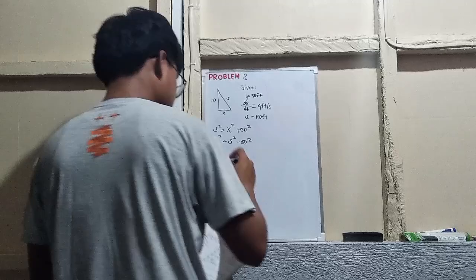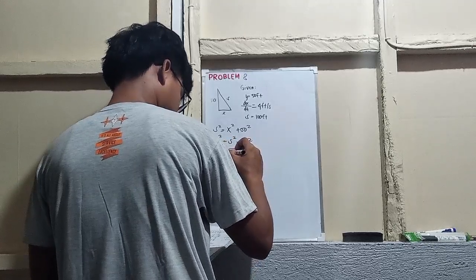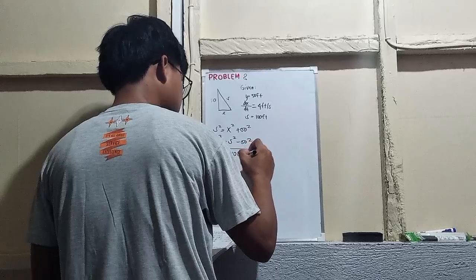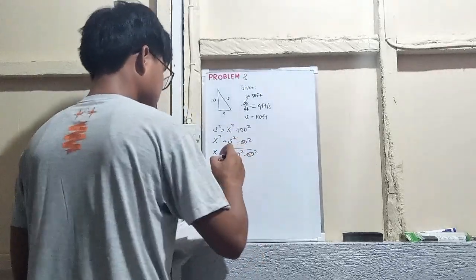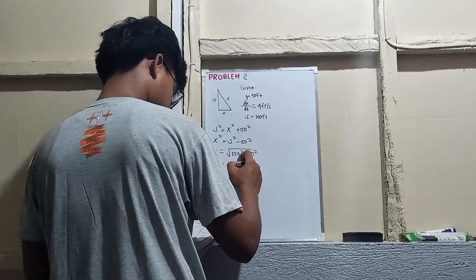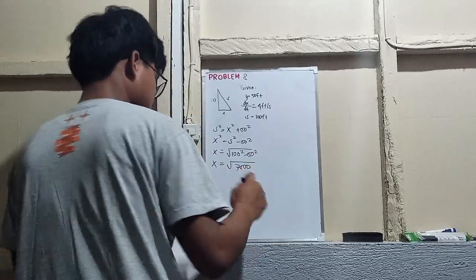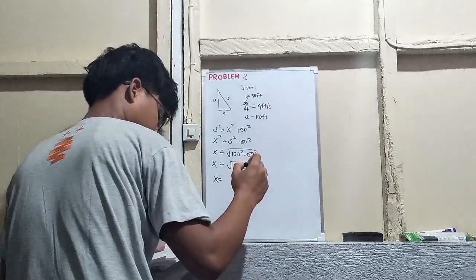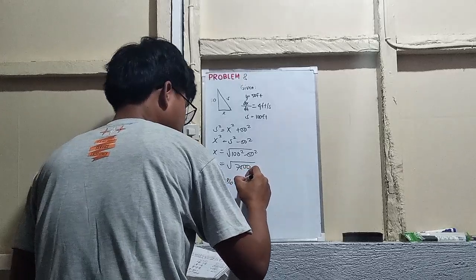Then solve. x is equal to the square root of 100 squared minus 50 squared. We substitute the value of s, and we get 7,500. Then we'll get the value of x as 86.6 feet.